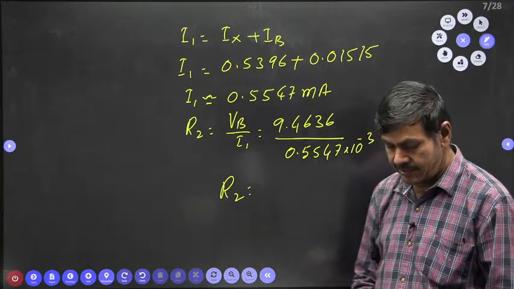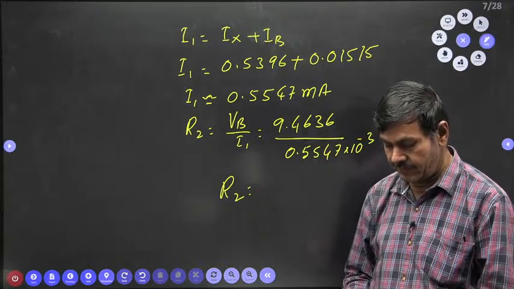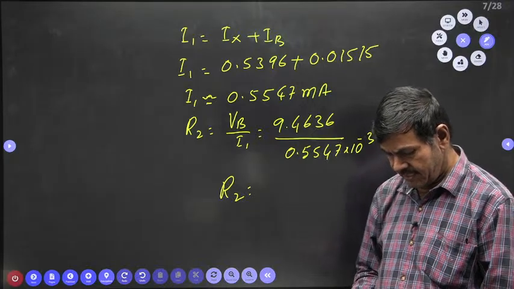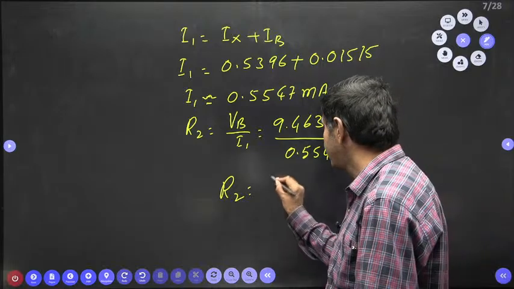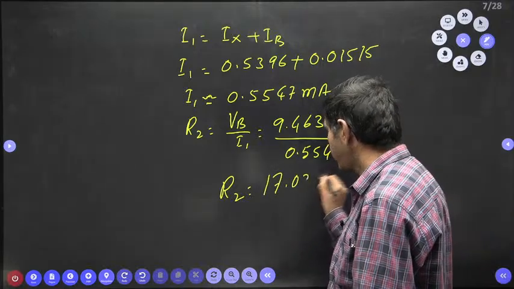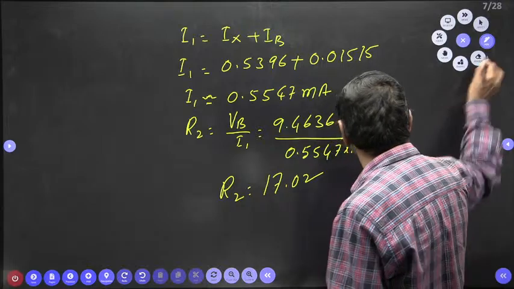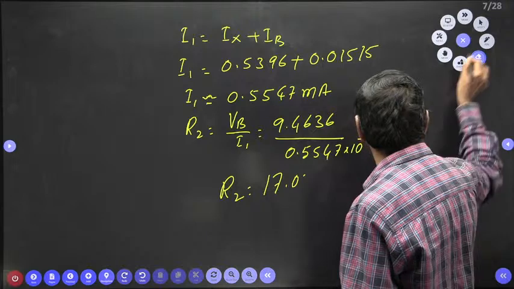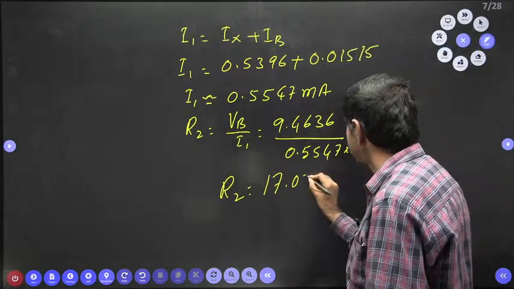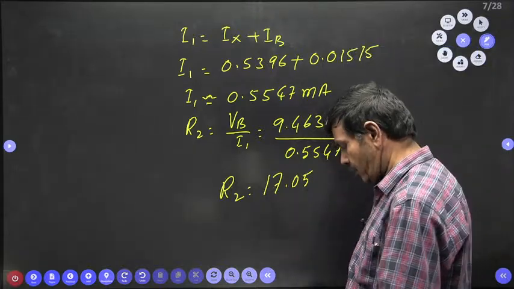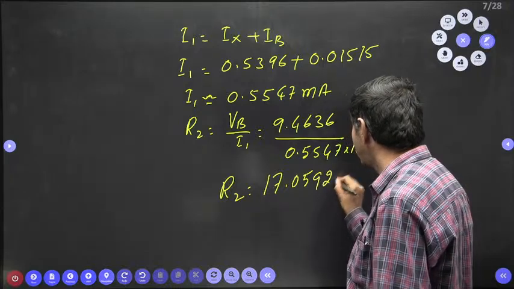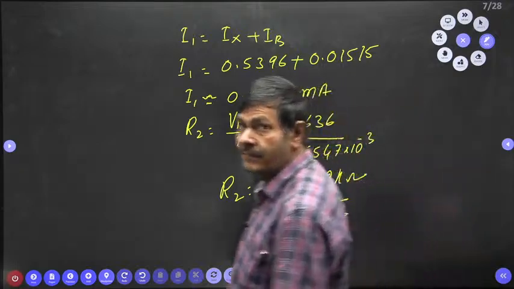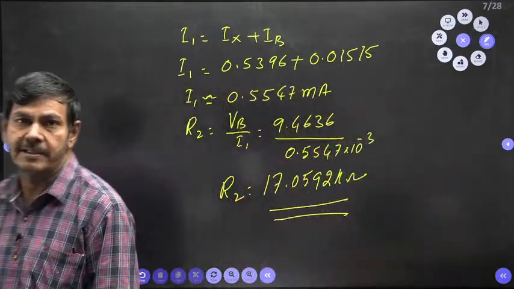The R2 value comes to 17.0592 kilo ohms. That much value is possible. Like that, the value of R2 is determined.